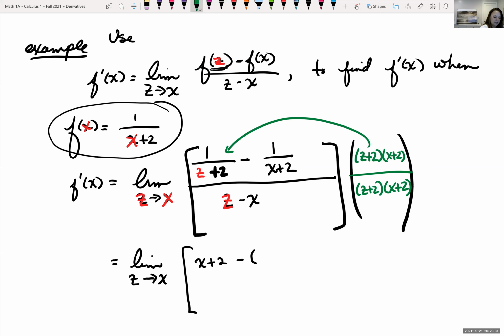And when I distribute this to the second fraction in the numerator, the x plus 2's cancel. So I'm left with a factor of z plus 2, all over, I'm going to leave it in this form, z minus x, all times z plus 2 and x plus 2.